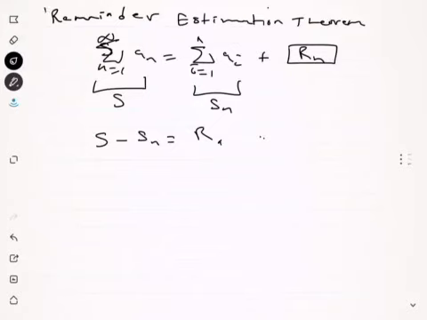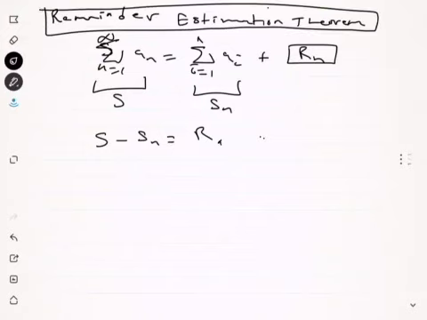and then the remainder estimation theorem says that the remainder of the series, so they use upper sums and lower sums and whatnot, and basically it goes like this.